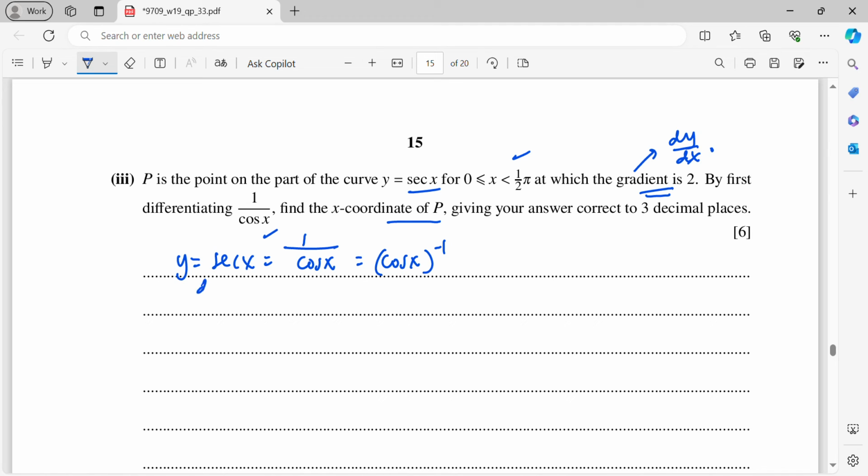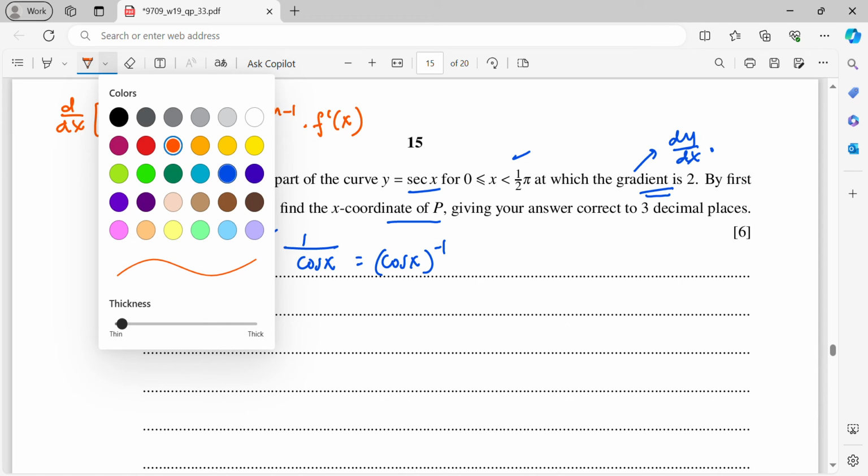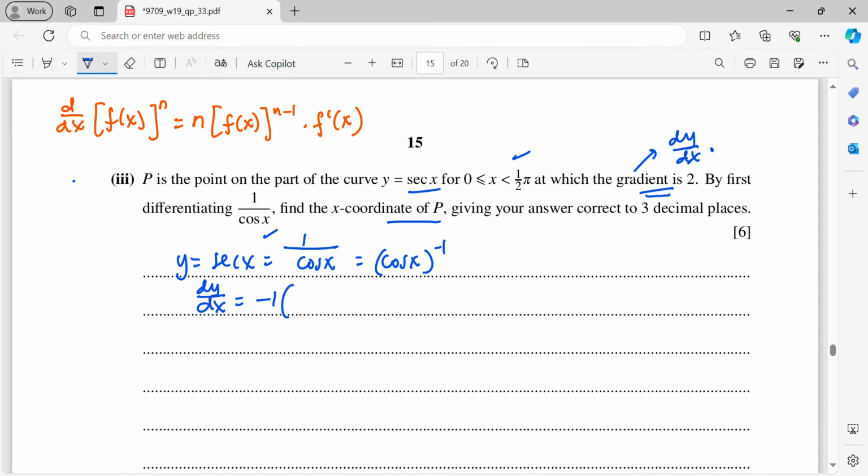So now the dy dx, when you differentiate, you need to refer to the chain rule, the power rule. So differentiate f(x) to the power n, that is n f(x) to the power n minus 1, times f prime x. So here becomes minus 1 cos x to the power minus 2.